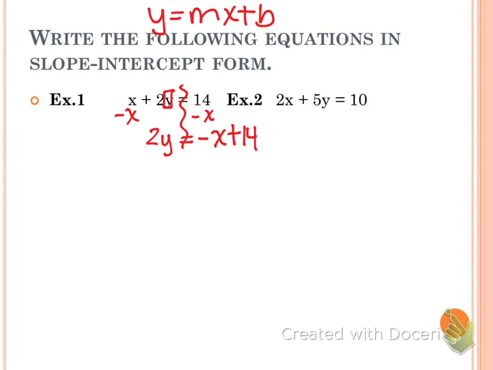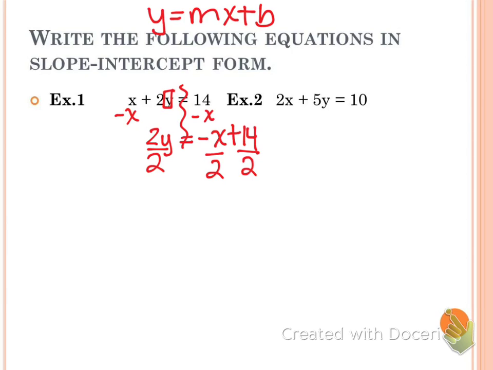All right. Now what do we need to do to get that y all alone? Ellie? Divide by 2. Normally, we were just putting one big fraction bar with a 2 under it like this, right? But we're going to change that a little bit. We're going to split it up over the addition sign. We're allowed to do that because it's just like having a common denominator in a fraction.